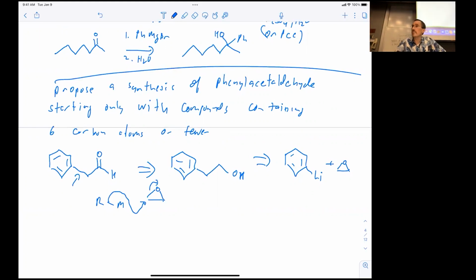Normally, ethers don't react with alkyllithium reagents or Grignard reagents, but a 3-membered ring is very strange. Cyclopropane, the carbon analog, has 27 kilocalories per mole of ring strain, meaning that those bond angles are so bad that the ring really is quite strained and wants to pop open.